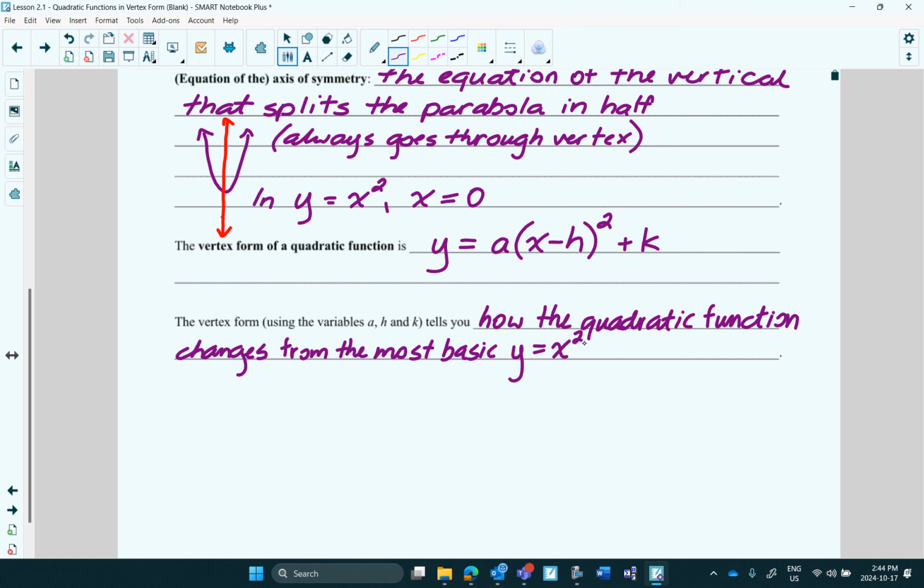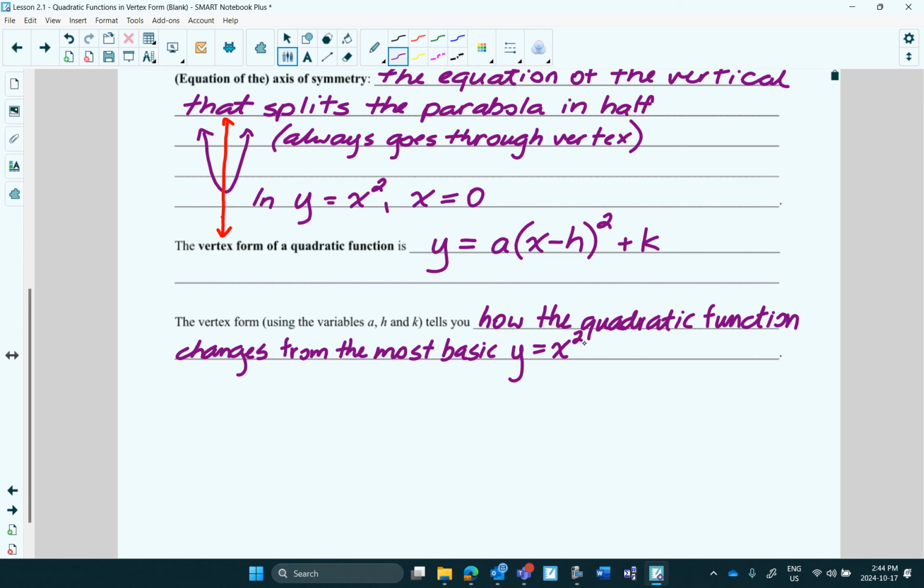Like I said, if there's a number in front, it's going to change the parabola in some way. If there's a number in parentheses with the x before the square, it's going to change the parabola in some way. If there's a number after the x squared getting added or subtracted, it's going to change the parabola in some way. And we're going to talk about each and every one of these.